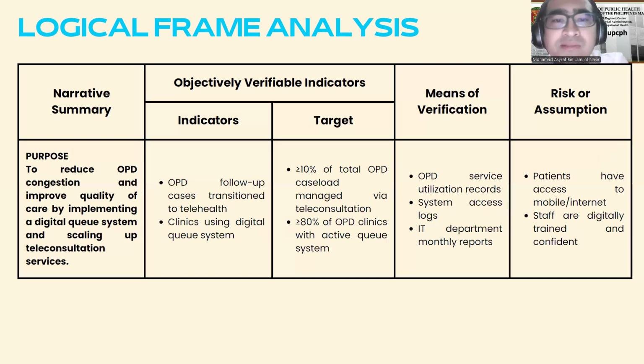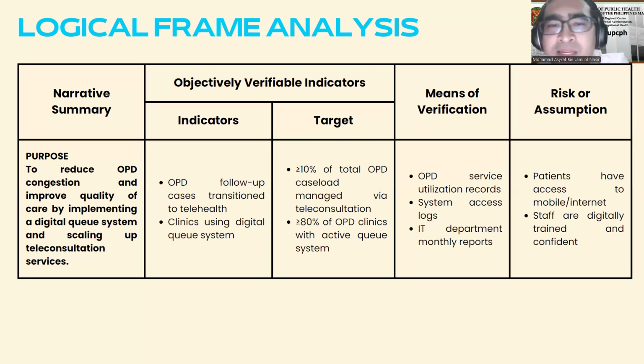Next, the purpose. Our purpose is to reduce OPD congestion and enhance the quality of care by implementing a digital queue system and scaling up teleconsultation services. We are implementing two solutions here: the first is teleconsultation services, especially for follow-up cases, and the second is a digital queue system. The performance targets here are more than 10% of OPD follow-ups transitioning into telehealth, and more than 80% of clinics actively using the digital queue system.